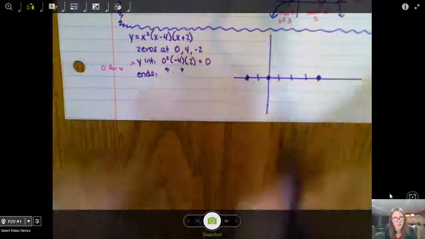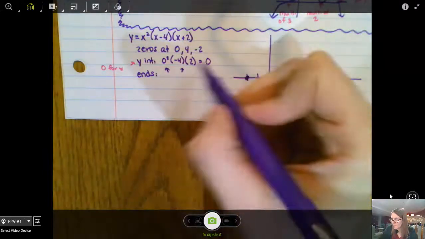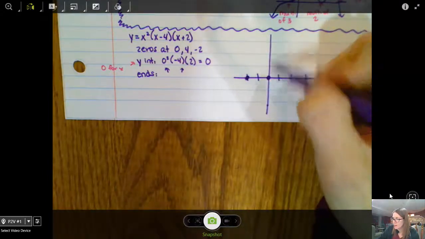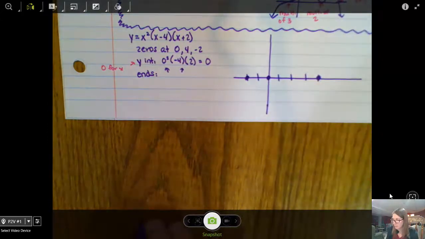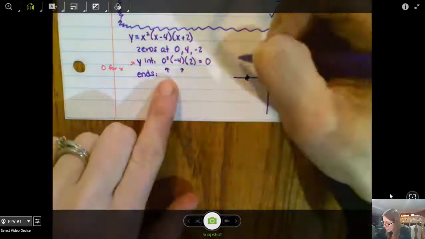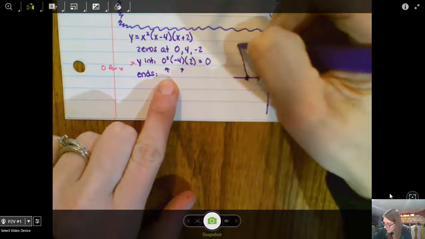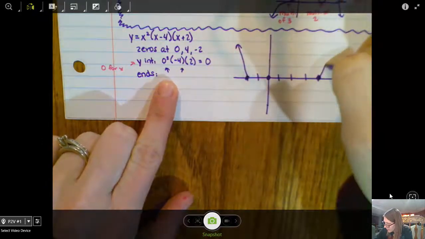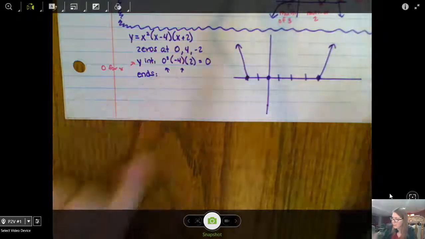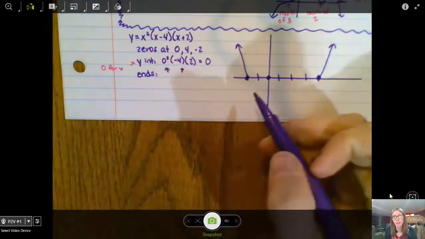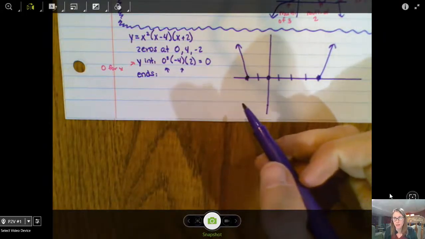Well, that's all going to be 0. So my y-intercept is really right here. Let's fill in the information we know. We know the ends are going to go up. The ends go up. Now to fill in the rest of our graph, we really have to go 0 by 0.